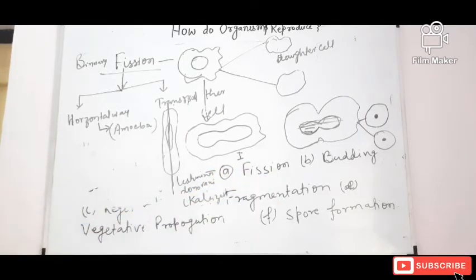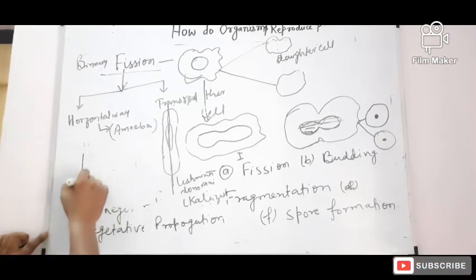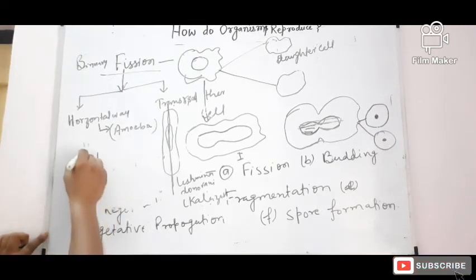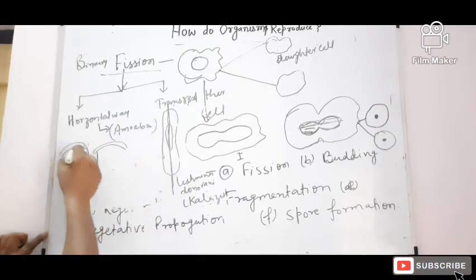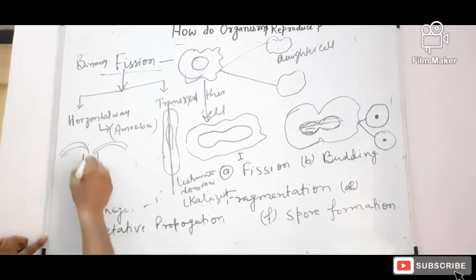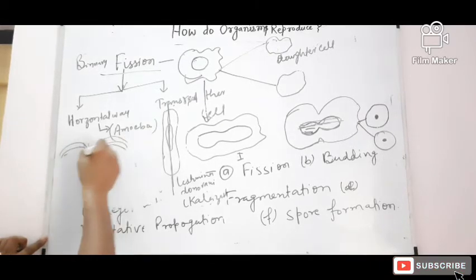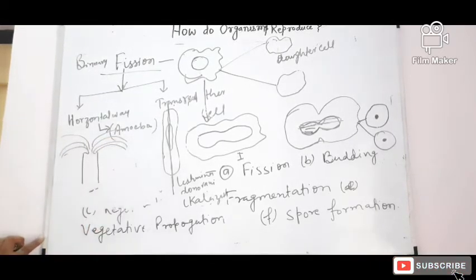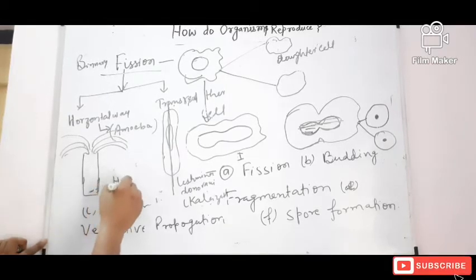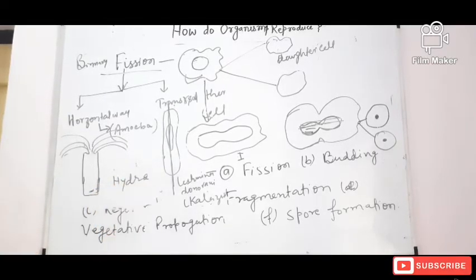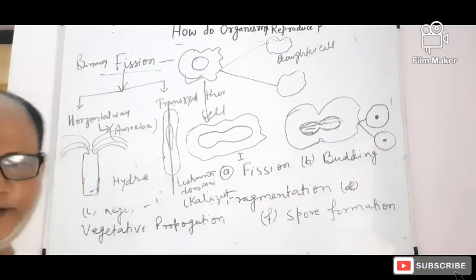Then the second one is budding. Budding takes place in hydra. Hydra is a coelenterate, and budding takes place in hydra.